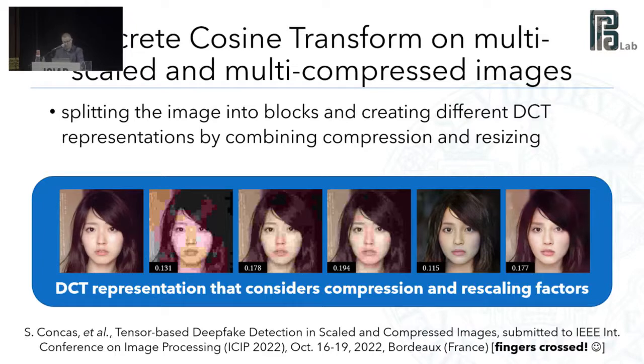So this is the main idea that I can summarize about our method. As you can see, there is a conference paper, and we are currently keeping our fingers crossed because we did not yet receive any news about the acceptance of this paper.